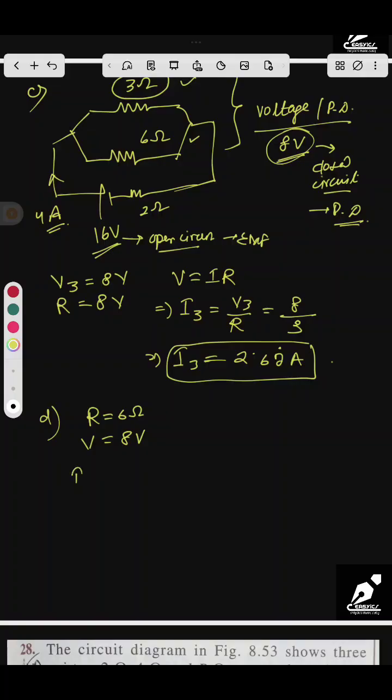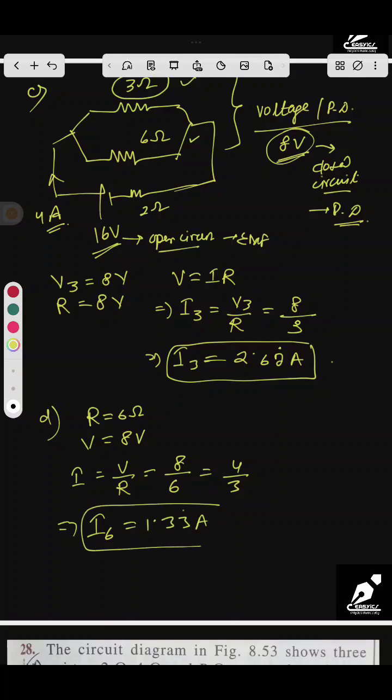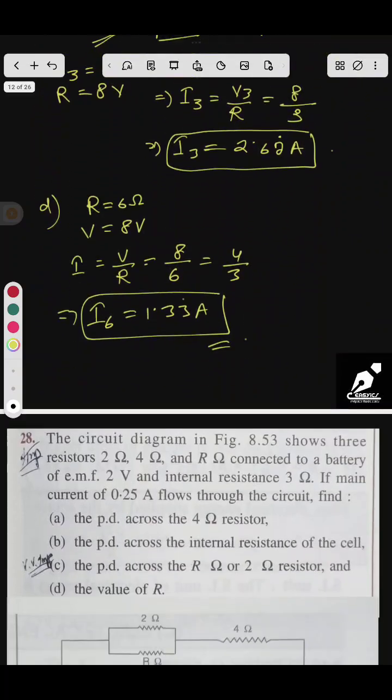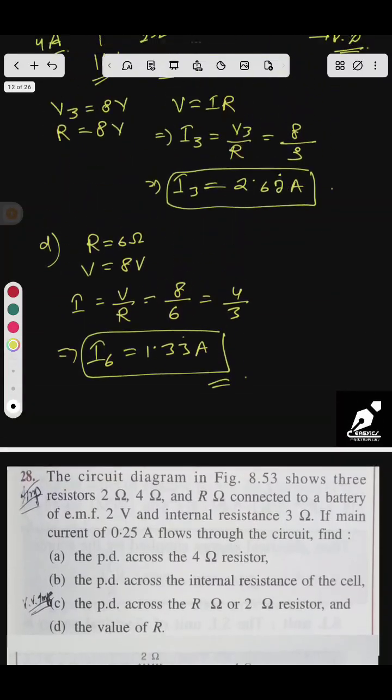So current will be given by Ohm's law. V is equal to IR. Voltage is 8, resistance is 6, it will be 4 by 3, and the current through the 6 ohm resistance will be 1.33 ampere. Simple. Clear?